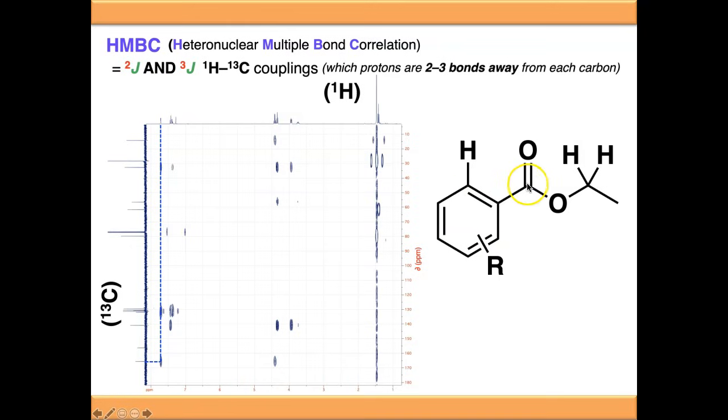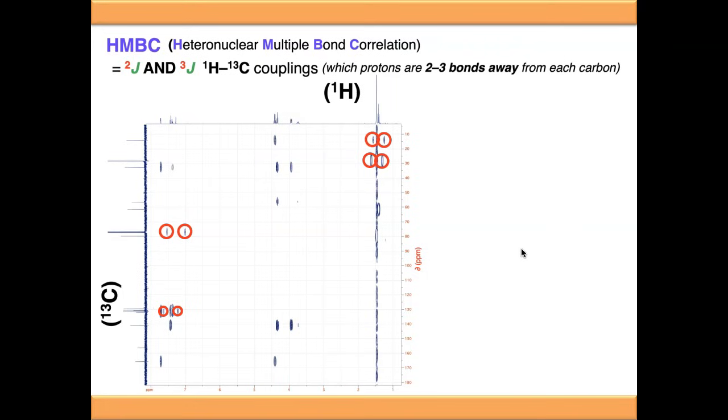So this is a 1, 2, 3J coupling between these two. It can't be the meta position, it can't be the para position, because they're too far away. And then you can start to tell other things like, because the splitting's not very heavy on this signal, there must be something blocking this position here, and so on. It just allows you to build up a bigger picture of what's happening in your molecule.